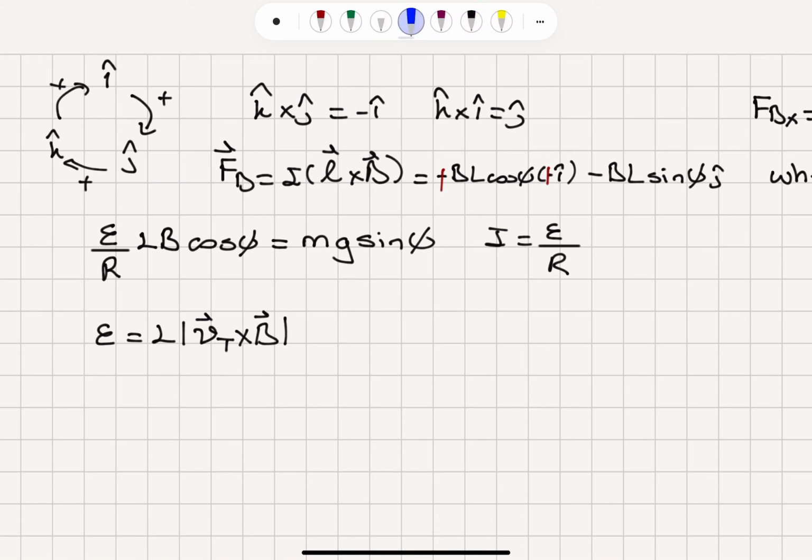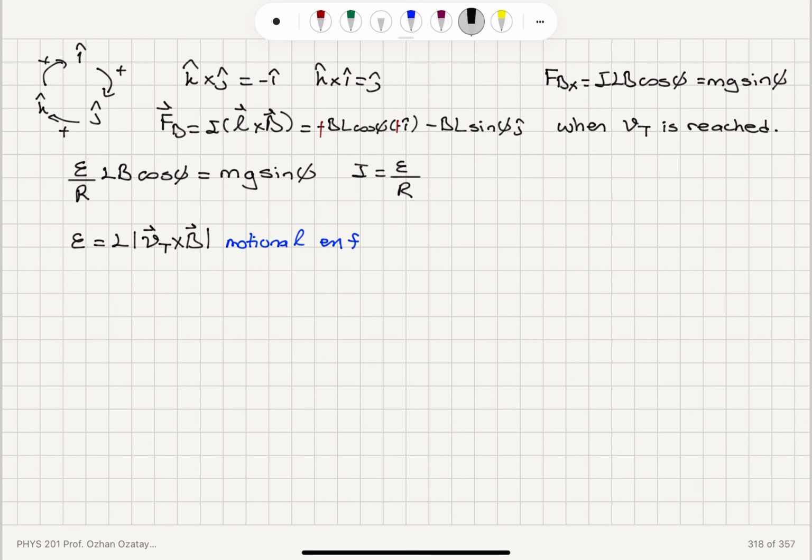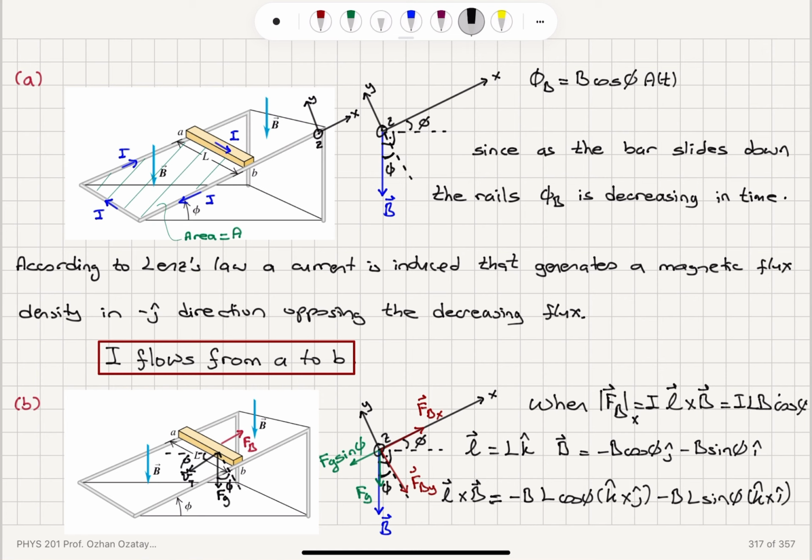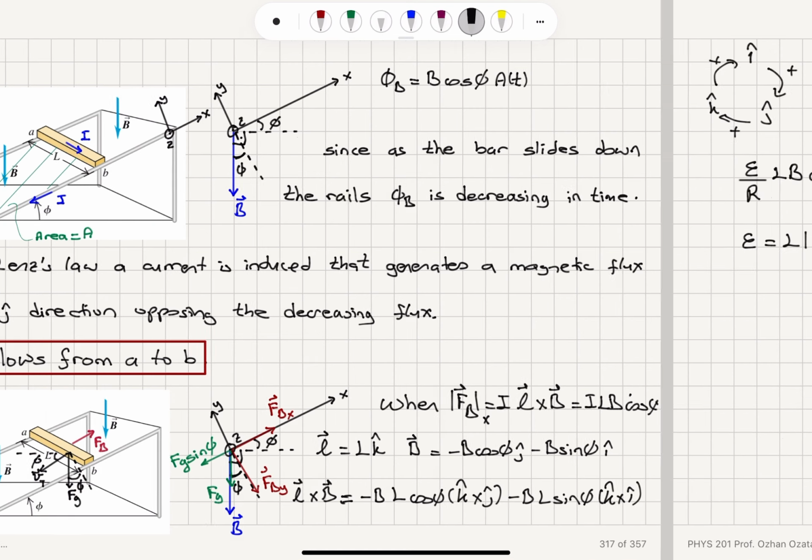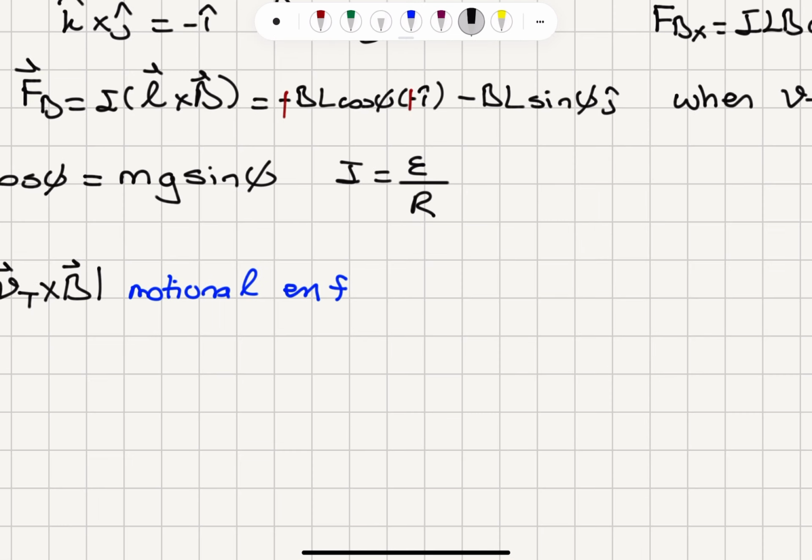This is basically going to be the motional EMF on this bar. And therefore, if I look at the terminal velocity vector, V terminal is minus V terminal in I hat direction.